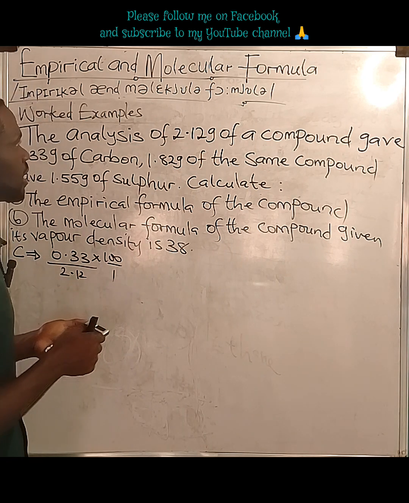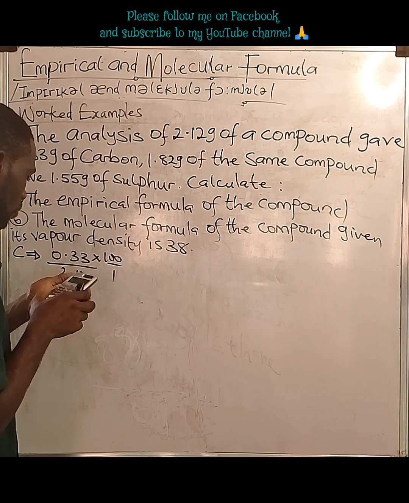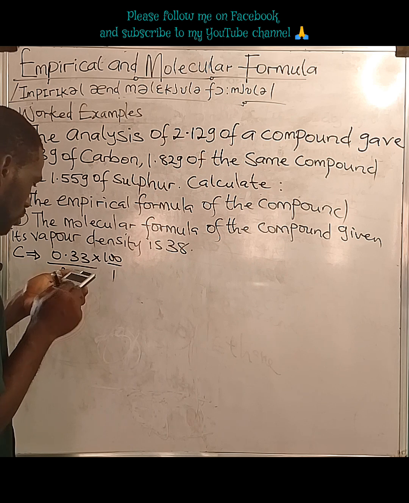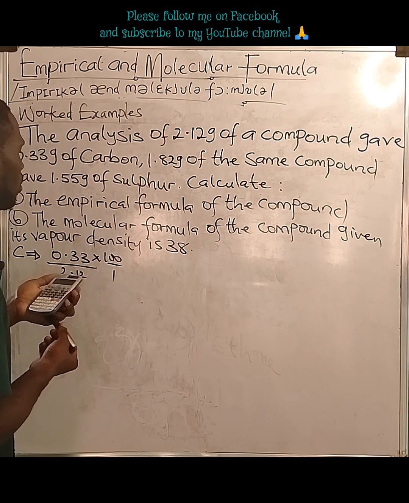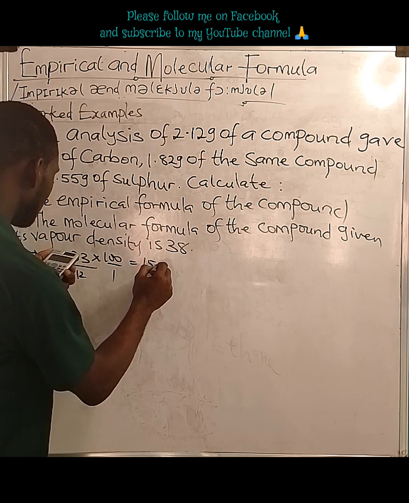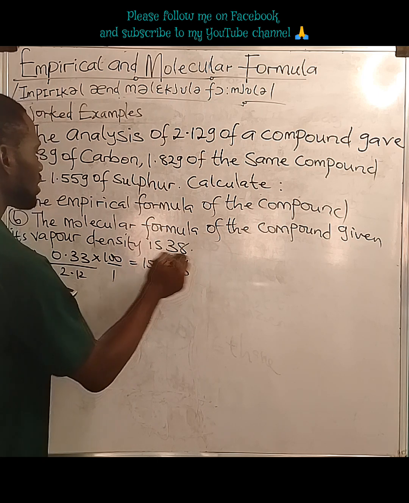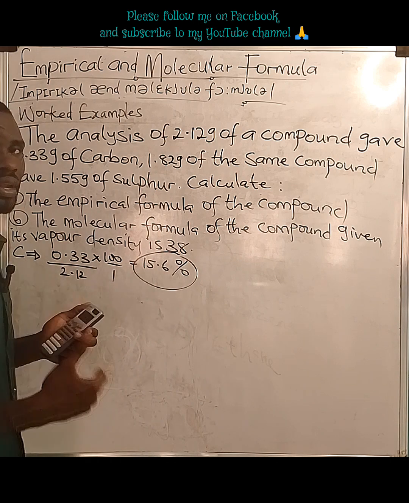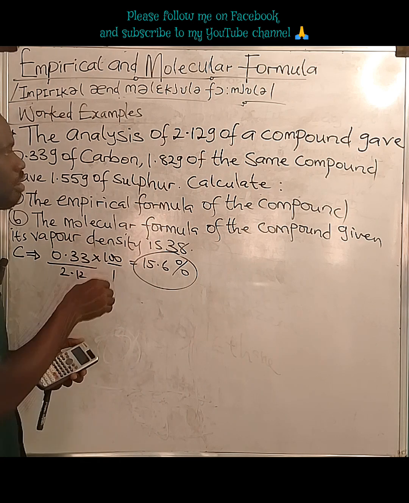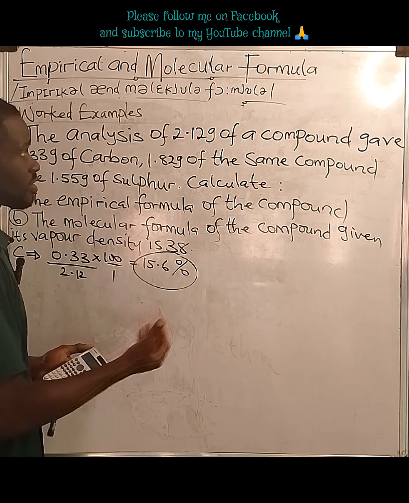Let's quickly do that. 0.33 times 100, then divided by 2.12. What do we have? For carbon, we have 15.6% carbon. This very compound contains 15.6% carbon.